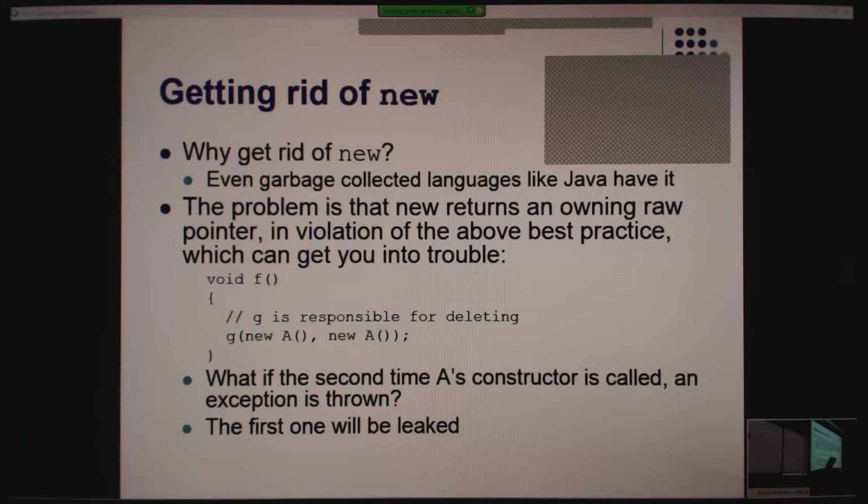How can it leak memory? It says G is responsible for deleting. Aha! Right? Exceptions make control flow almost completely unpredictable.